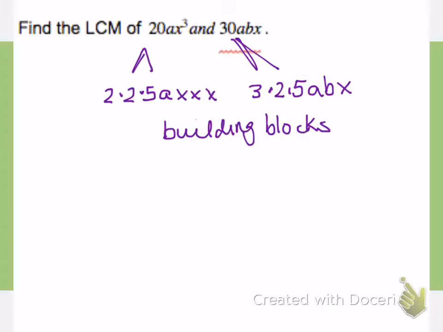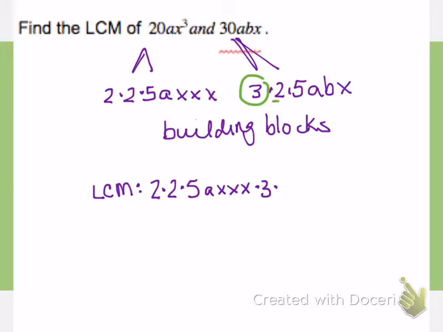So for LCM, I want to use all the factors of the first value, and then I see what else I need to contain the second value. I don't yet have a factor of 3, so I need to put that in. So I would put in a factor of 3.